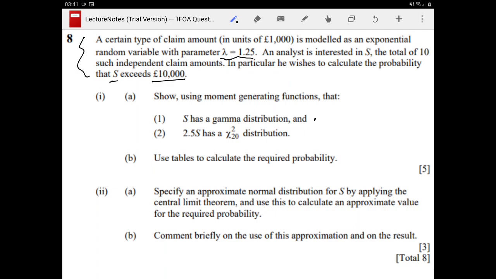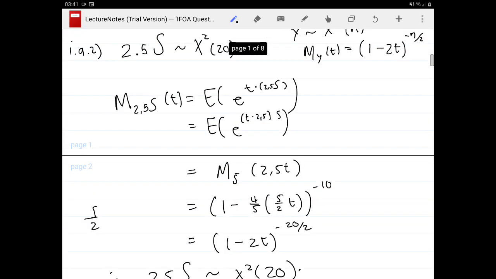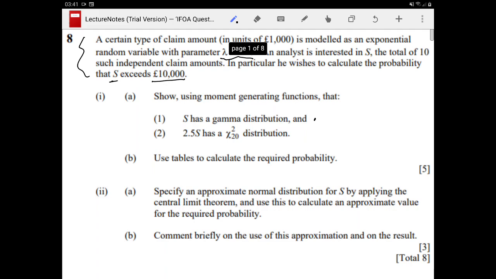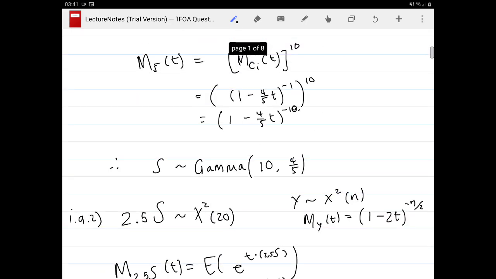So the way II works is that instead of dealing with an exact probability, we're dealing with an approximate probability using the normal distribution. So we're using the central limit theorem.